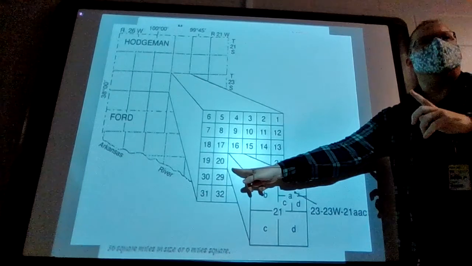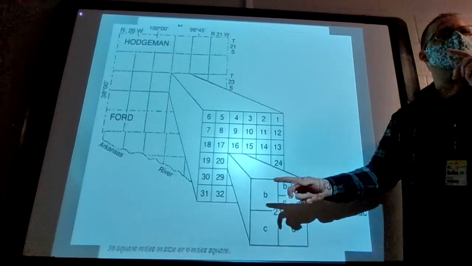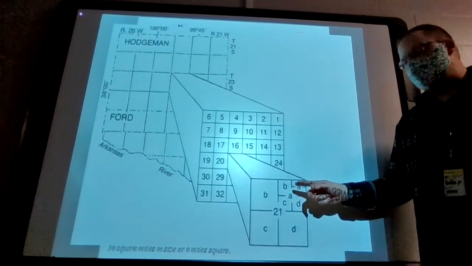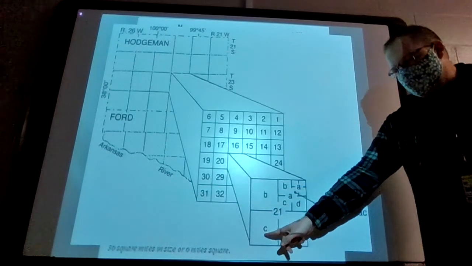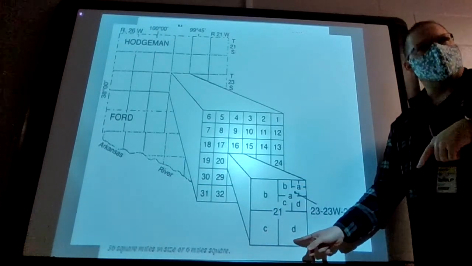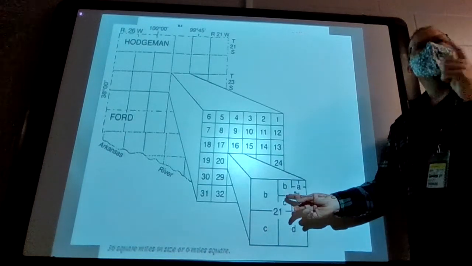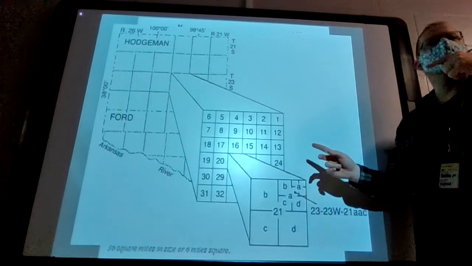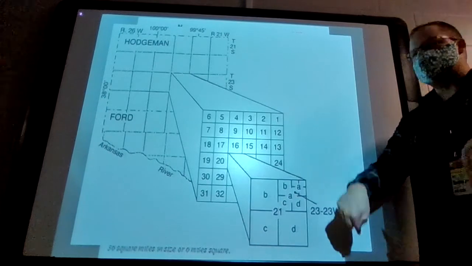For each section, you can split that into 4 quadrants, and the quadrants are going to go just by direction. So this would be the northeast quadrant, northwest quadrant, southwest quadrant, southeast quadrant. So north, south, east, west, 4 quarters. And then in each one of those, you can split that into 4 more directions: northeast, northwest, southwest, southeast.